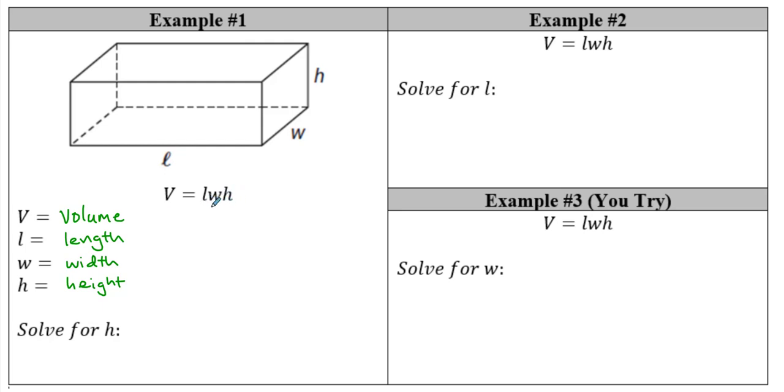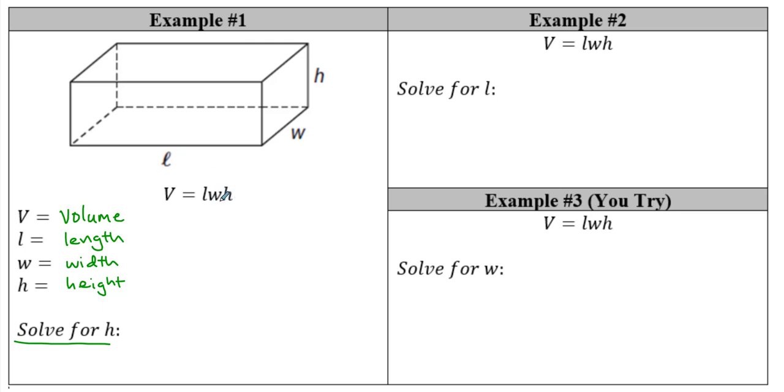I want you guys to remember all of that timesing going on. Remember, this is a product, and a product is comprised of two or more factors. So each of these dimensions is a factor, and that is important because that means they are all multiplying with each other. Now we want to rearrange this down here. It says we want to solve for h.